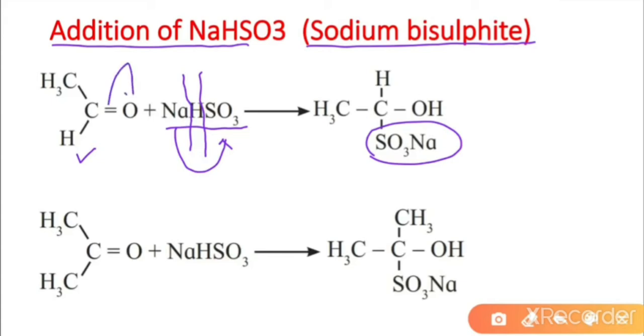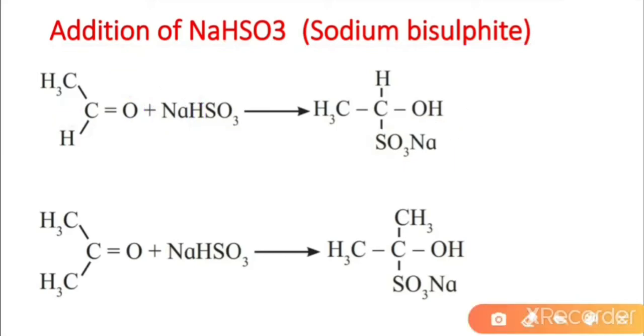Pi bond electrons are transferred toward oxygen. Carbon becomes positive, oxygen becomes negative. H plus attacks oxygen and SO3Na attacks carbon, and the acetaldehyde sodium bisulfite addition product is obtained.